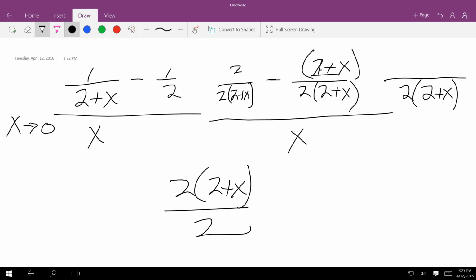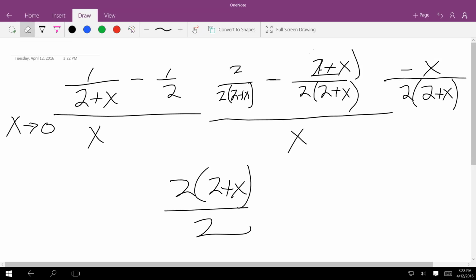Now remove the parentheses and simplify. Just x. Plus or minus? Negative. That's why I put the parentheses around it. If I left the parentheses out, it's far easier to make the mistake of not distributing this negative sign to the x. But this negative sign needs to be distributed to both of those terms.